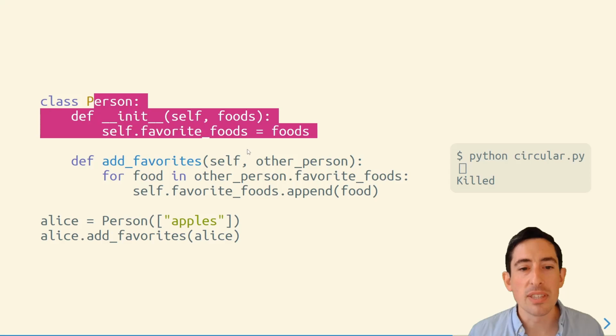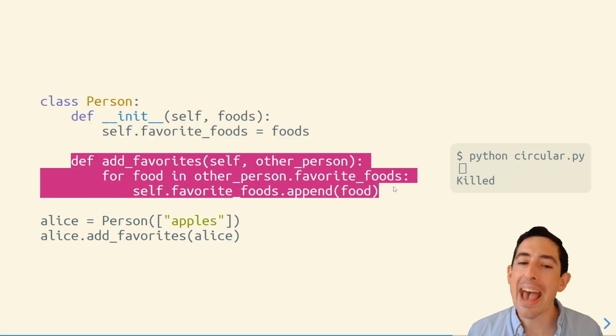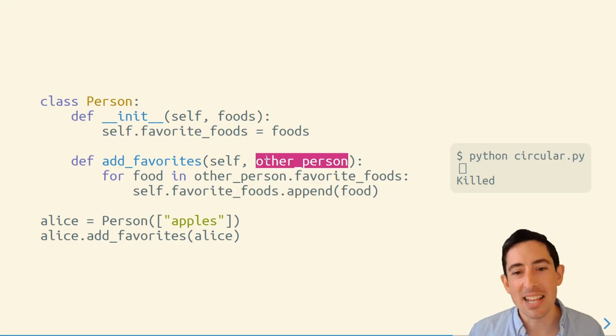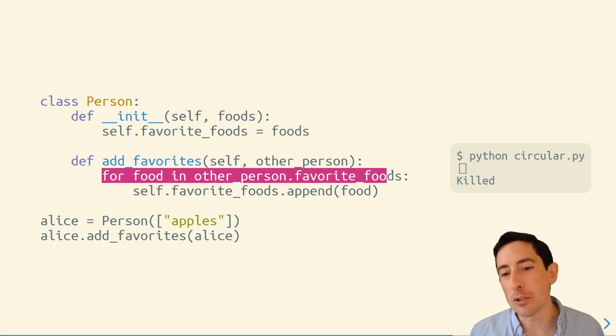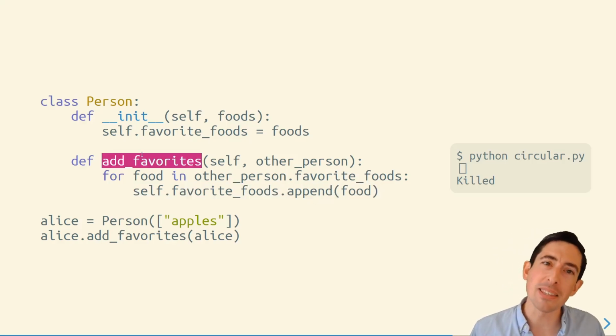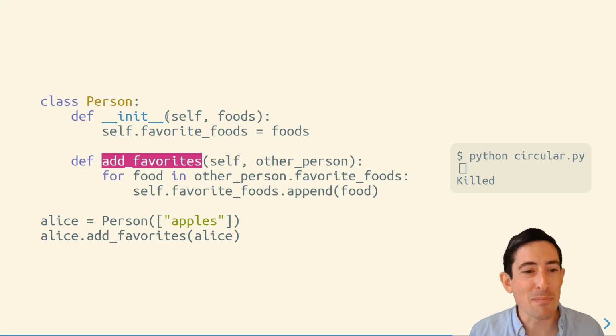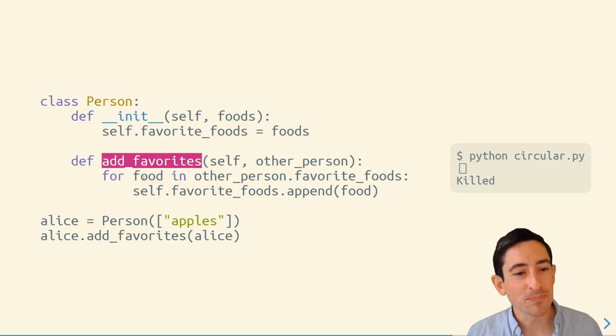So in this case, we still have people, they still have favorite foods. We've added a method, add favorites. It takes another person and we loop over all the other person's favorites and we append them to ours. So this is sort of like copying the other person's favorites and adding those favorites to our list. Okay, fair enough. Sort of a monkey see, monkey do with favorite foods.